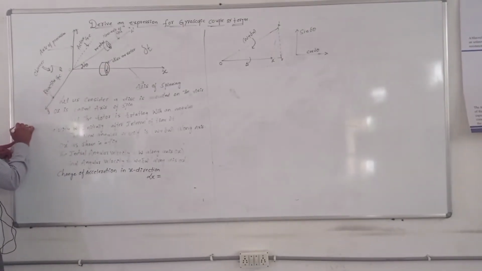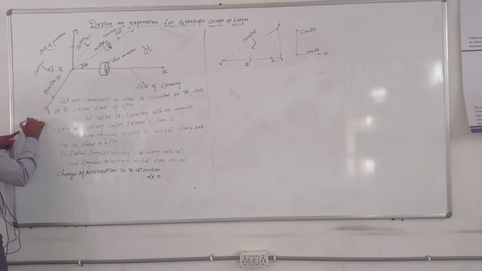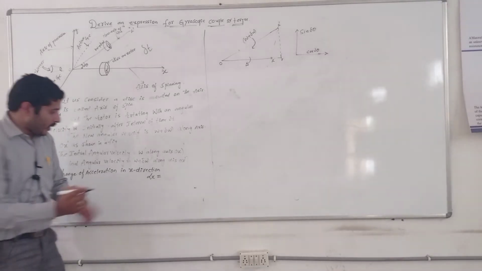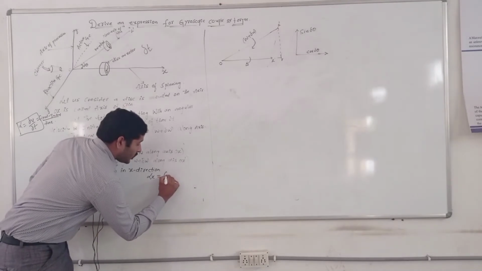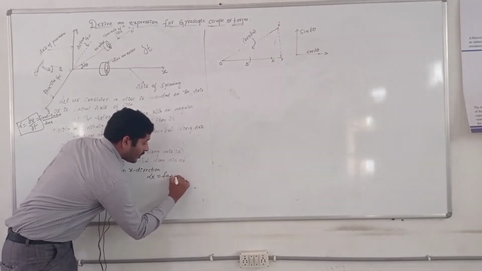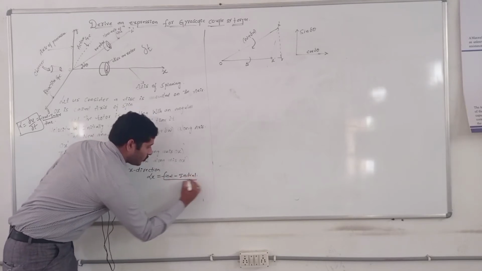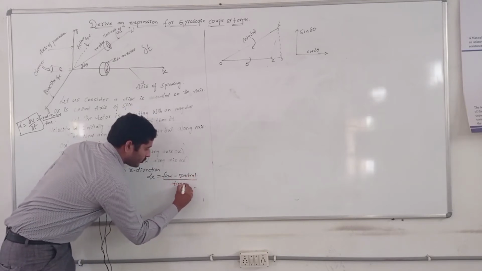What is the formula? The rate of change of velocity with respect to time. Final minus initial velocity with respect to time.